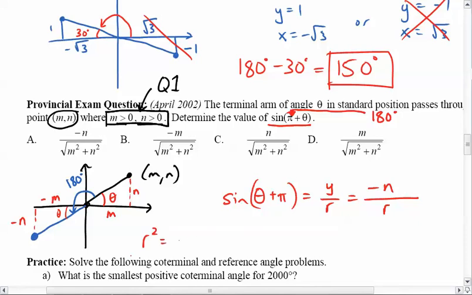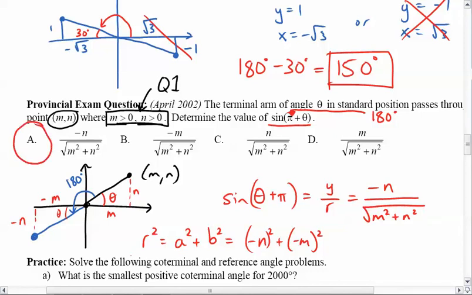R squared equals a squared plus b squared, or x squared plus y squared. So negative n squared plus negative m squared. So that's why we've got this craziness in the denominator. R is the square root of m squared plus n squared. Ta-da! Okay, so this is just a fancy way of saying y over r.